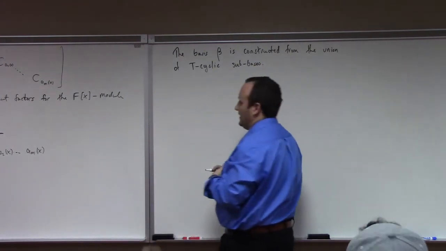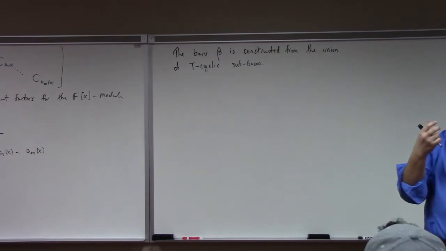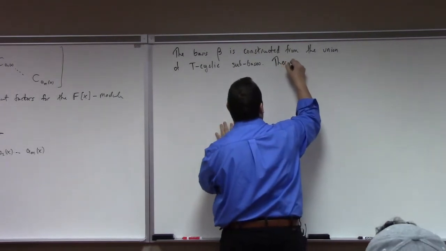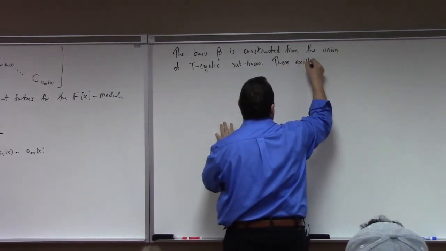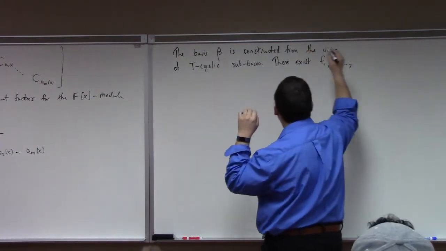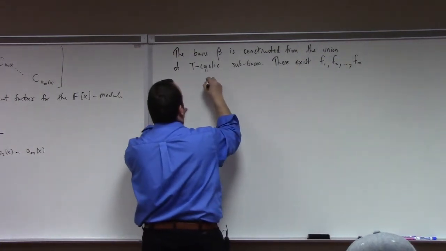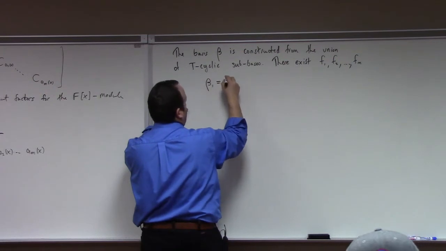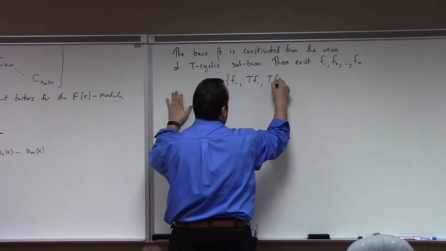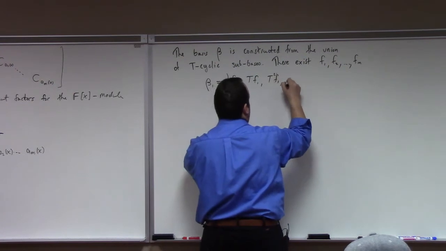And what I mean by that is there exists a set of sort of fundamental vectors. There exists F1, F2, Fm, such that if we look at, let's say, beta 1 equal to F1, then T of F1, T squared of F1, and so on.